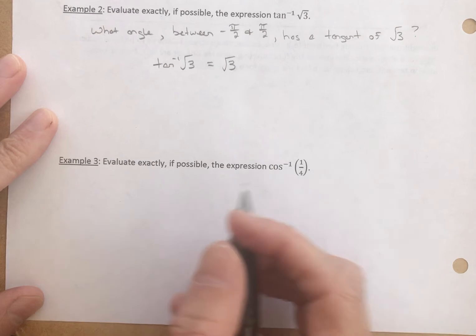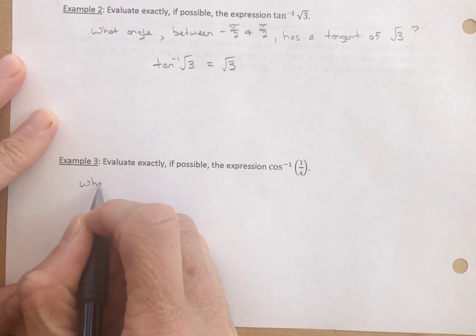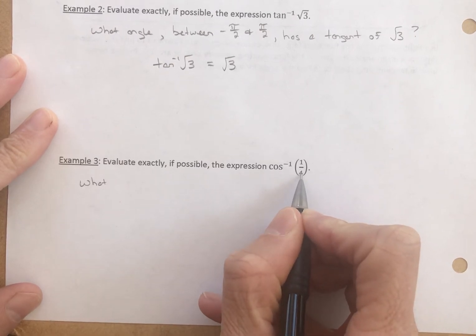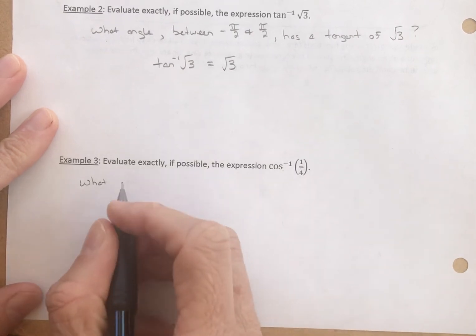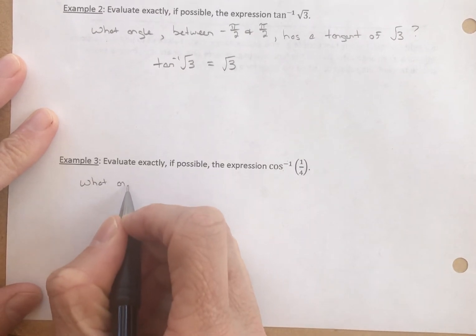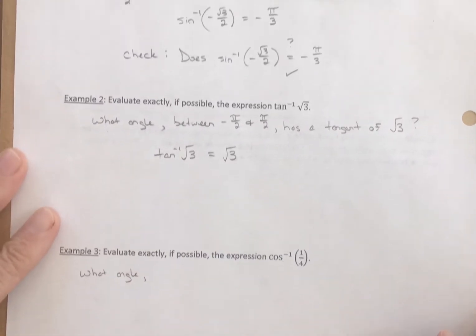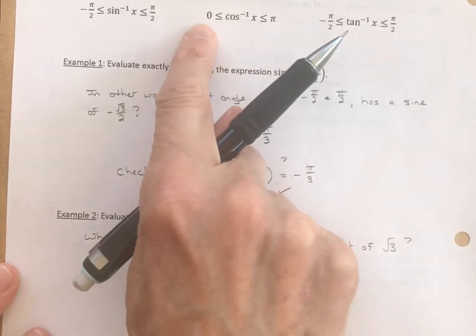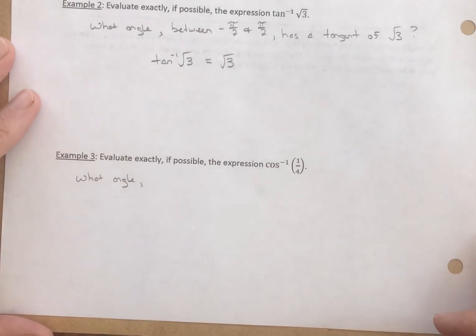Okay, so we're going to use our calculator for this, but let's first write down what this means. The inverse cosine of 1/4 is saying, what is the angle that gives me a cosine of 1/4? So what angle? And again, the inverse cosine is restricted. We want to look between 0 and pi, so we don't have more than one answer.